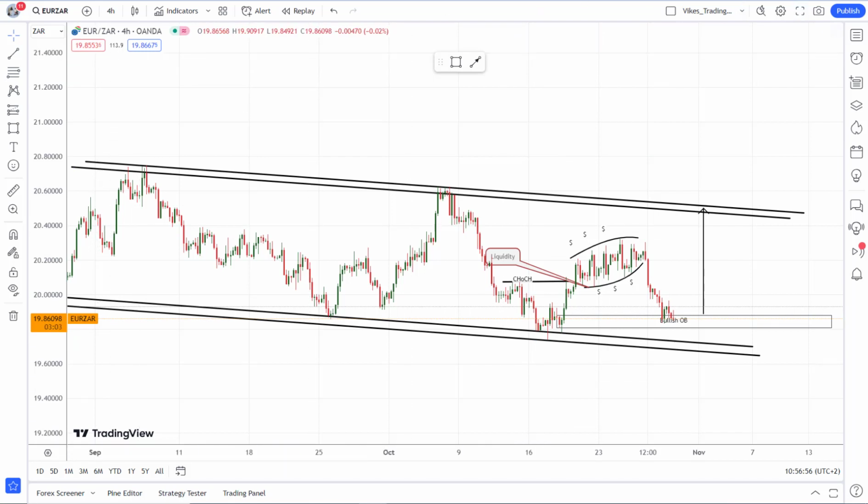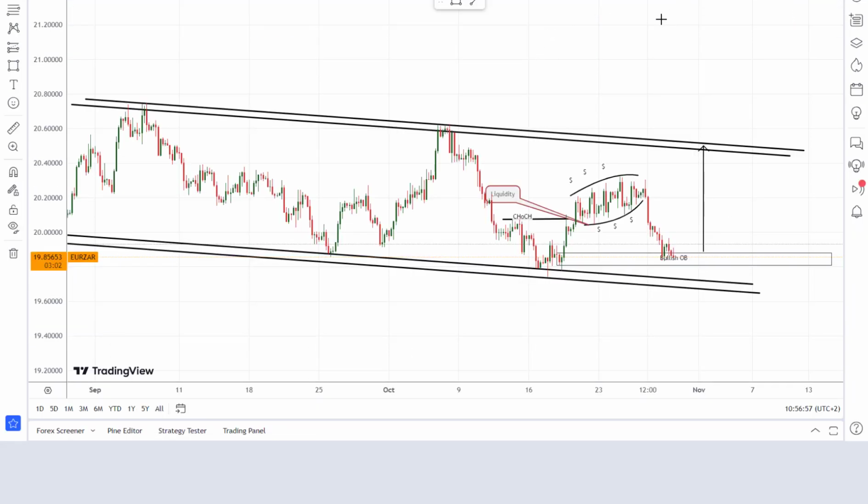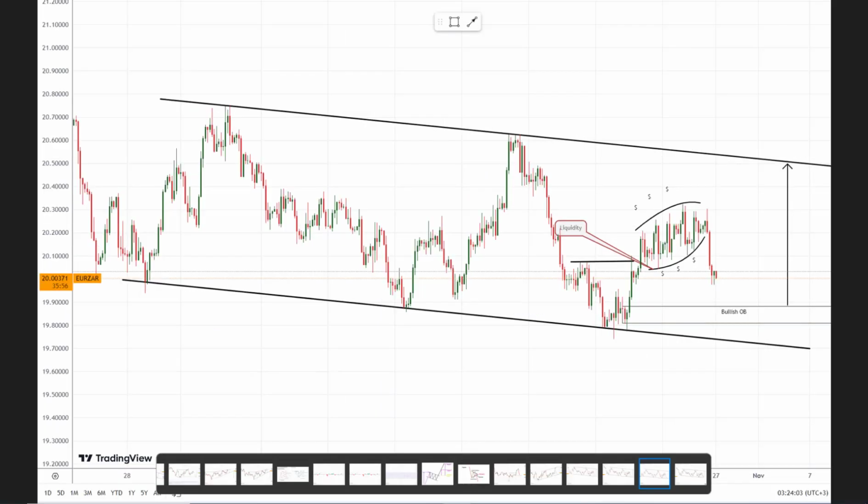Let me show you something. This EURZAR last week had given this analysis while price was like this, around the 20.003 level. You can see I marked my bullish OB, where I was expecting price reactions so that I can execute long positions.